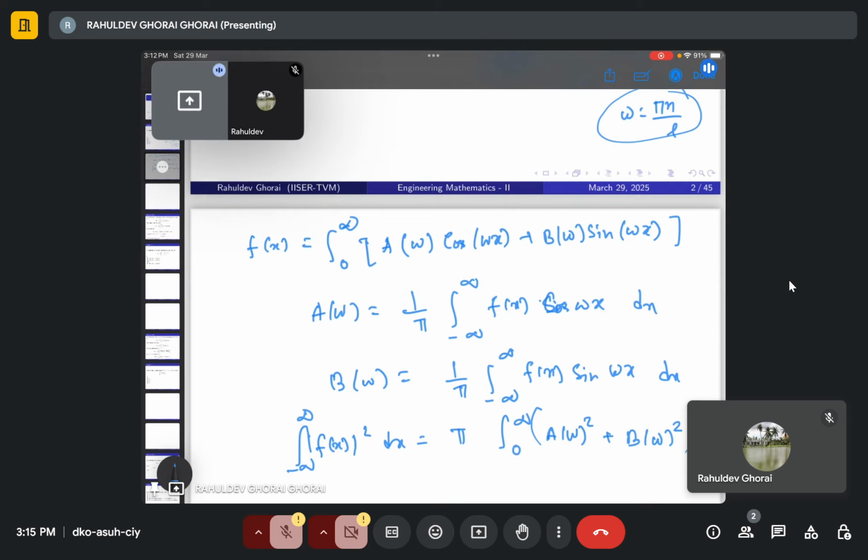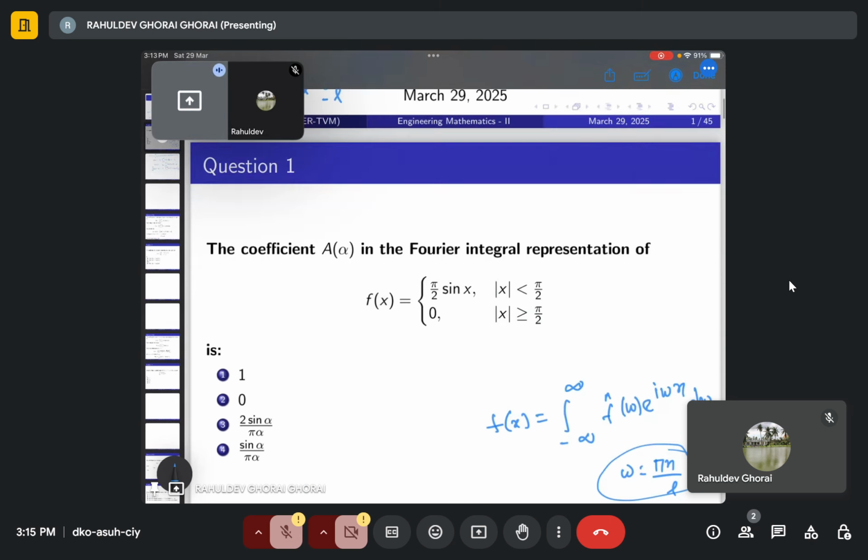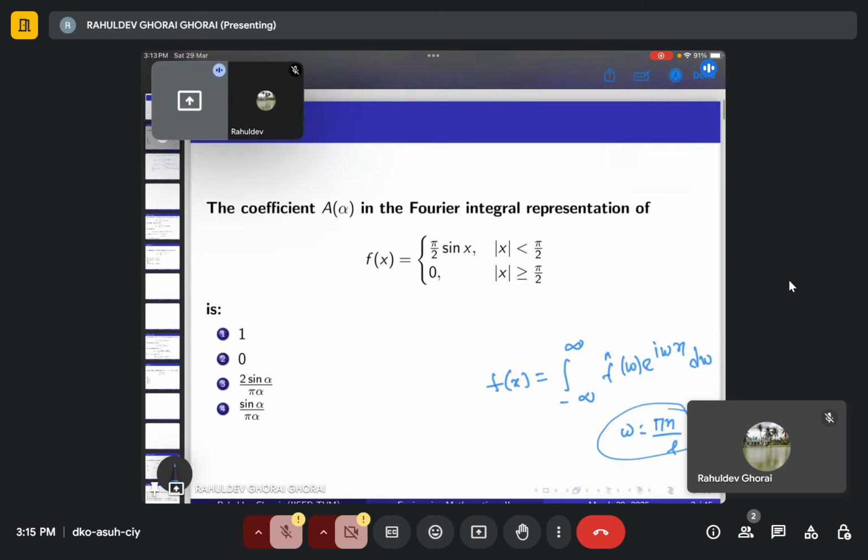So the similar properties you can obtain for this type of Fourier integral representation of the function.